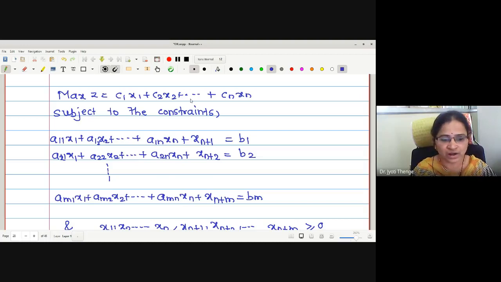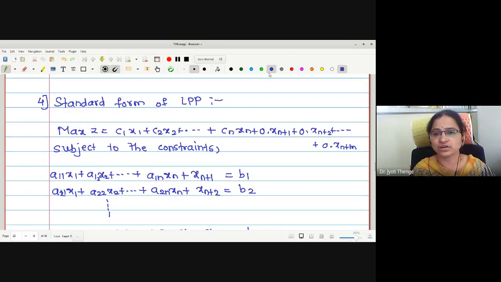Here one can write the objective function with these added variables. What will be the coefficient of that added variable? As there is no role of this added variable in the objective function, let me write the coefficient as 0. That is 0 xn plus 1, 0 xn plus 2, so on up to 0 xn plus m. The coefficients of the variables in the objective function are called cost.